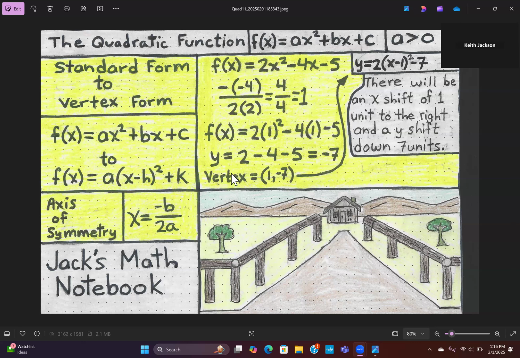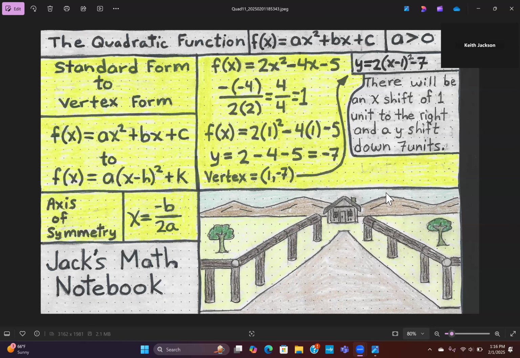And so here's what happens: y is equal to 2 minus 4, and we can say plus a negative 5, and that's going to give us a negative 7. The reason is that we have a negative 9 right here when we go negative 4 plus negative 5, which gives us a negative 9. And we add positive 2 to that, and we end up getting a negative 7. And so our vertex in this case would be (1, negative 7).